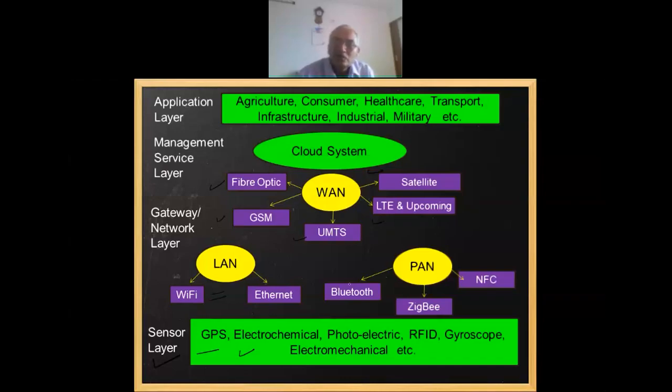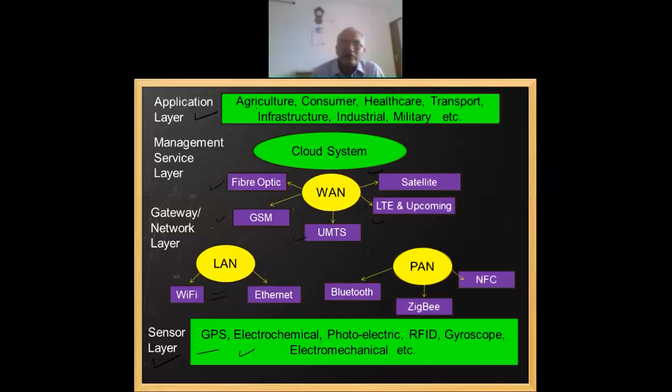You use all these systems to communicate the data coming from sensors to the cloud. Once the data reaches the cloud, you can access it from anywhere in the world and use it for any application. The application layer includes agriculture, consumer, healthcare, transport, infrastructure, industrial, and military; different IoT applications are there.